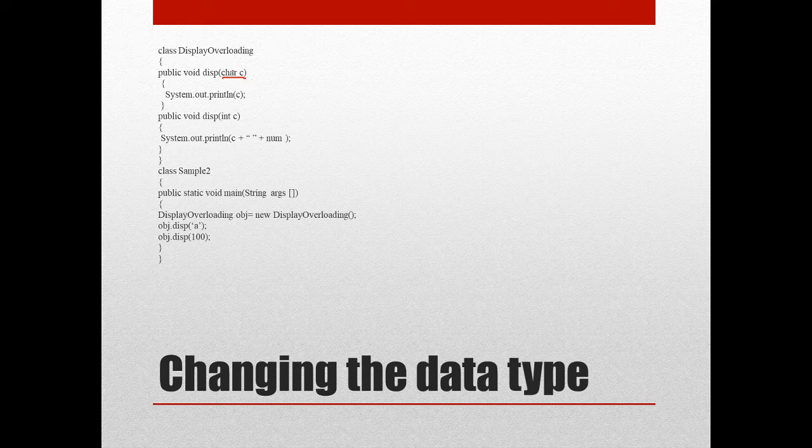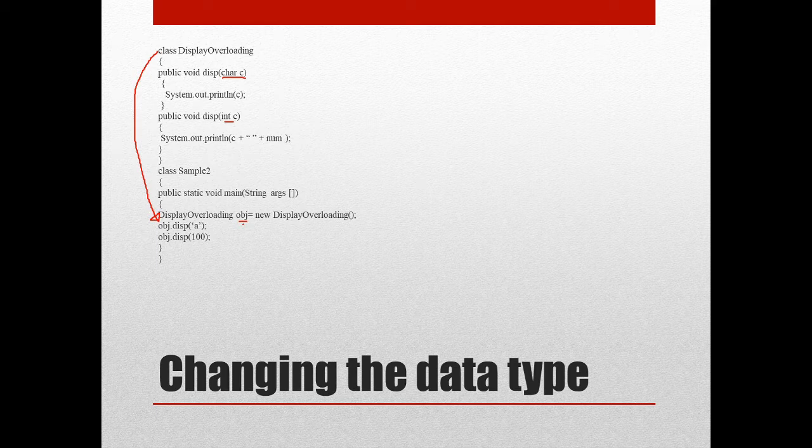We use character for the data type and another one for integer here. Now, again, we display the c and the number here. Since this is a sample too, we call the class created and give it a new name obj.